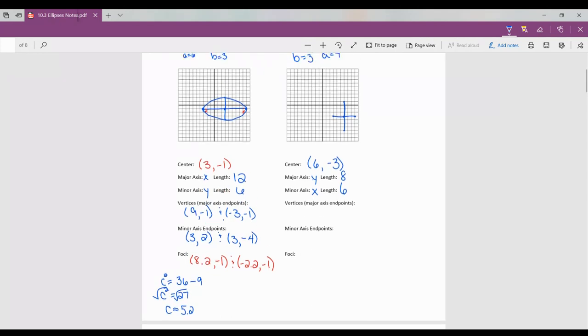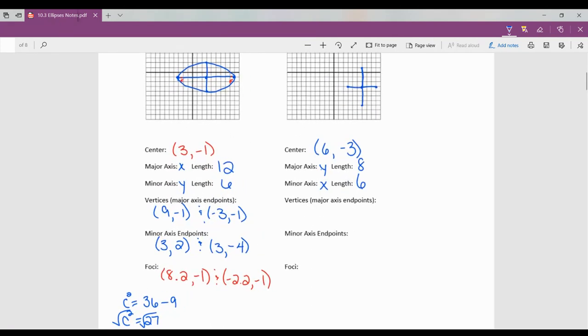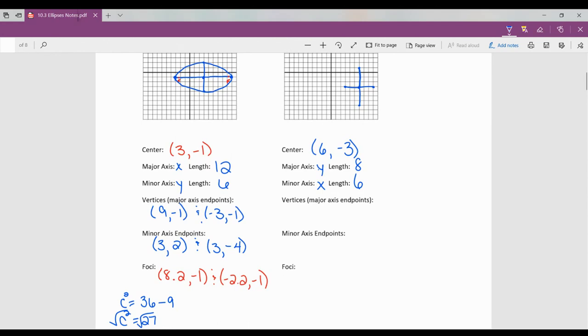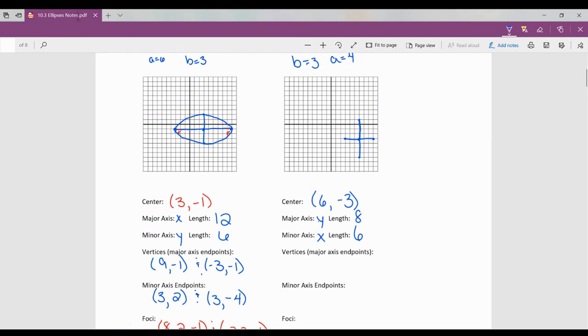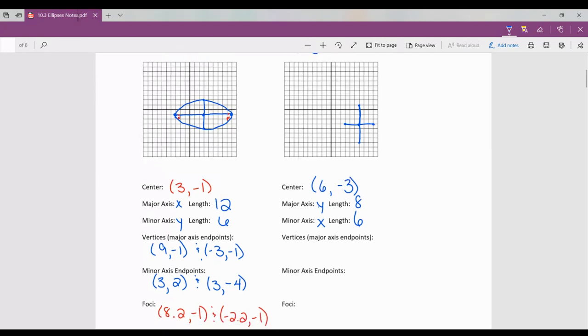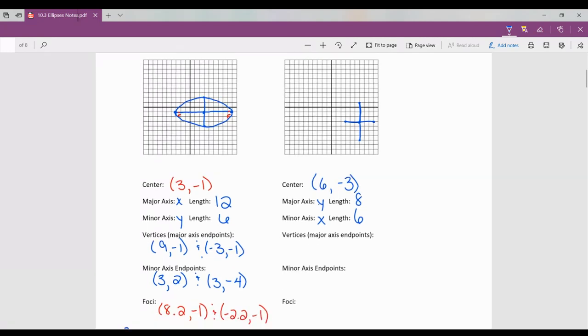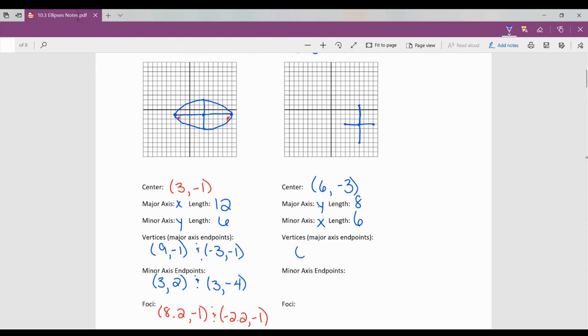All right, so now we've got the vertices, so my endpoints of my major. When I go up 4, the first one is at 6, comma, 1. And I go down 4, so it's going to be 6, comma, negative 7.